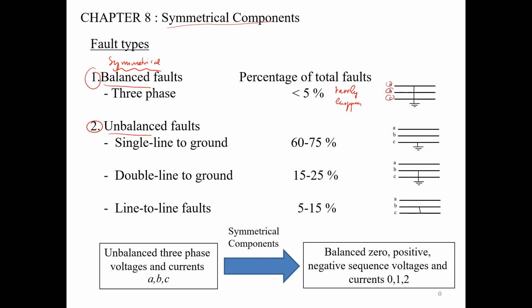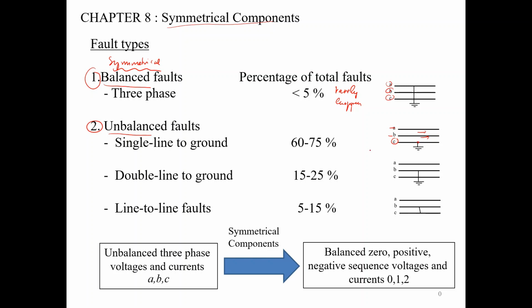So we can see from the picture on the right side that the first type of unbalanced fault would be single line to ground. In this case, only line C got the disturbance or short circuit to the ground, while phases A and B are still running at the normal operating condition. So there's still power flow from source to load.